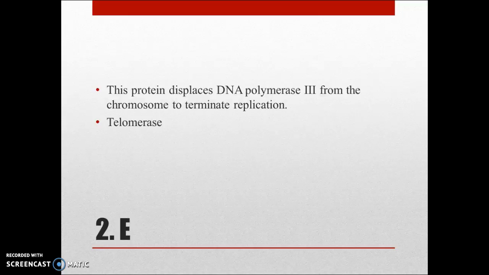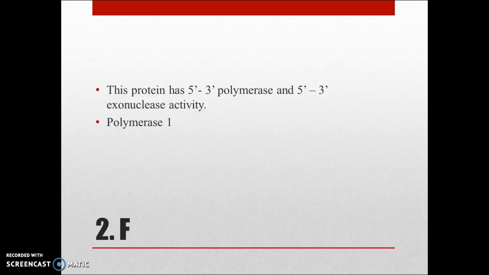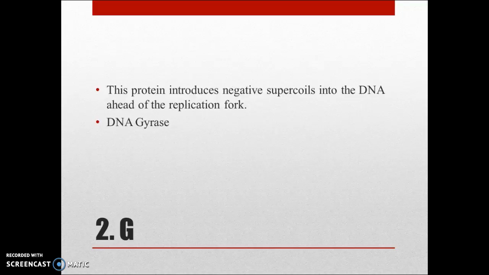For E, this protein displaces DNA polymerase 3 from the chromosome to terminate replication, and it is telomerase. For F, this protein has 5' to 3' polymerase and 5' to 3' exonuclease activity, and it is polymerase 1. This protein introduces negative supercoils into the DNA ahead of the replication fork, and this is DNA gyrase.